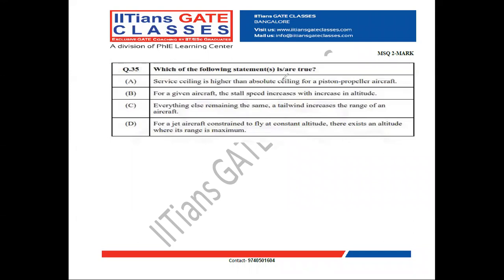First of all, absolute ceiling is the maximum altitude the aircraft can fly. Since absolute ceiling is not achievable in practical flights, they defined an altitude called the service ceiling. For a piston prop aircraft, the service ceiling is the altitude where the rate of climb is 100 feet per minute.